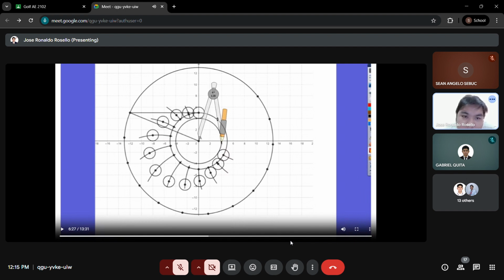Since naka-fix sa 12 centimeter yung haba ng ating arm para sa oscillating follower, yung pointed end ng compass, tatama natin dun sa outside circle, then gagawa tayo ng arc dito sa ating mga nasa prime circle. Then kung gaano kahaba ito is nakadepende dun sa ating cam displacement curve.